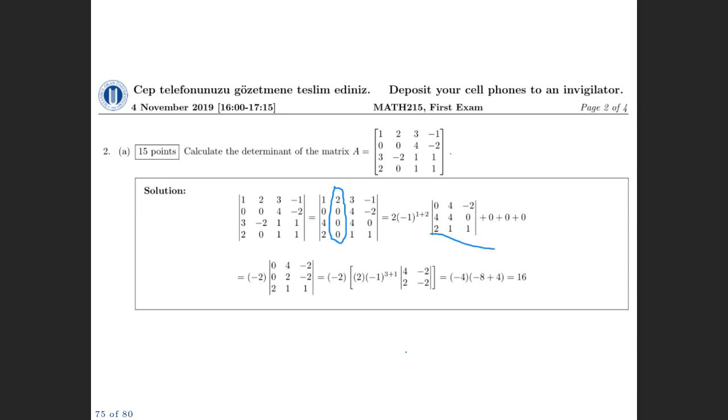They end up with a 3x3 determinant. And then they use row reduction again, so that the first column now has 2 zeros in. And then they do cofactor expansion along the first column. And they get the answer 16.